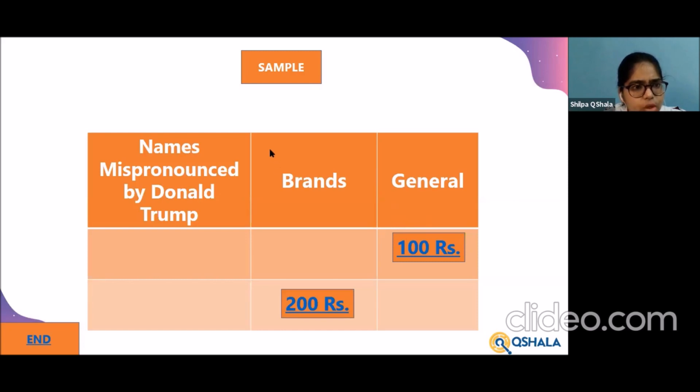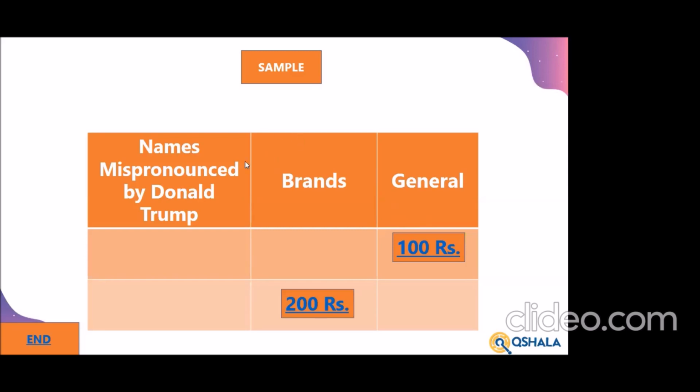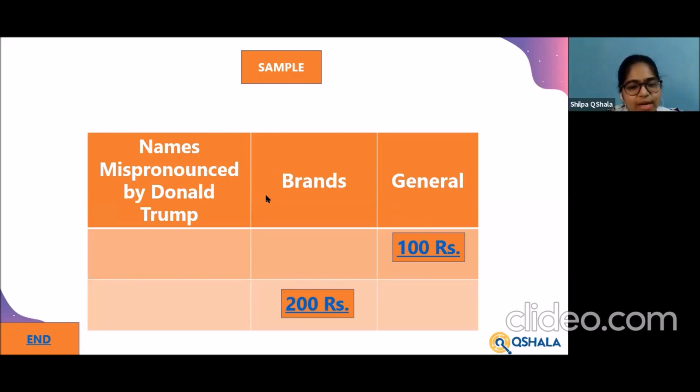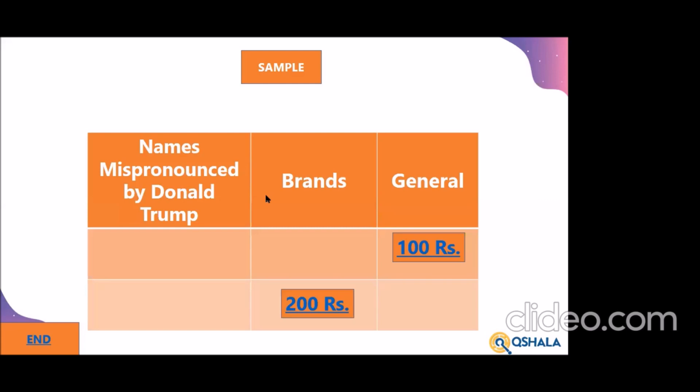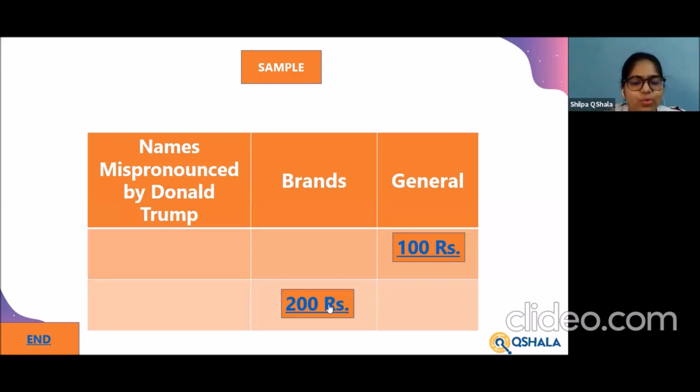Okay, moving on. Can we have Ms. Sarika Muthu do this for us? Yes, ma'am. What do you want to play for and for how much? I'll go for brands, 200 rupees. Okay, brands for 200 rupees.